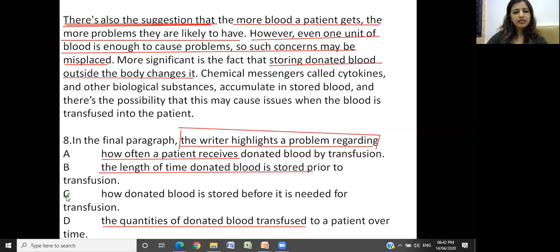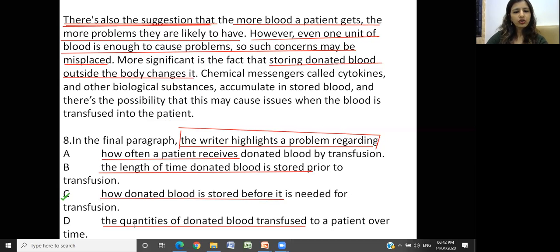How donated blood is stored before it is needed for transfusion. How represents this outside the body. You may think that they haven't given the way in which it is stored, because the writer says it really doesn't matter in what way you are storing it. The fact that you are storing it outside the body is changing it. So not the way in which, but how it is stored. Right? So C is the correct answer here.